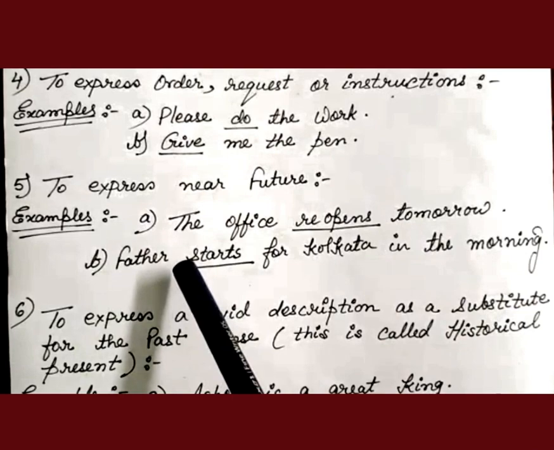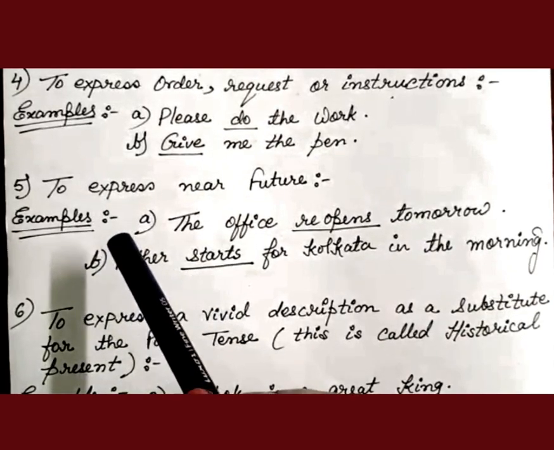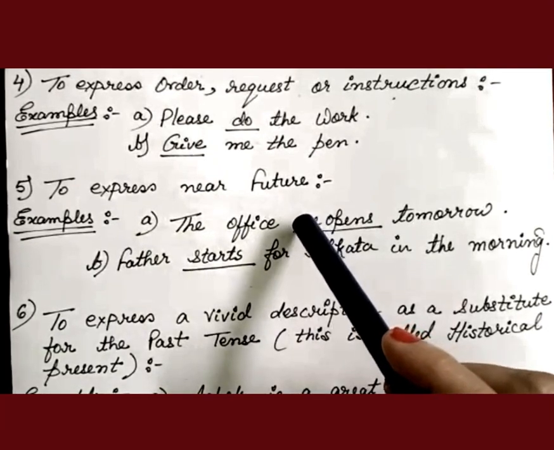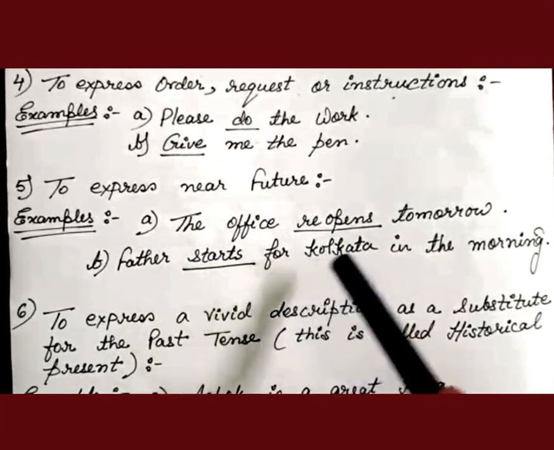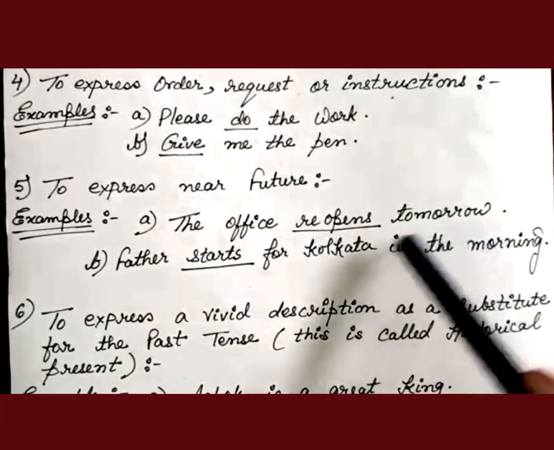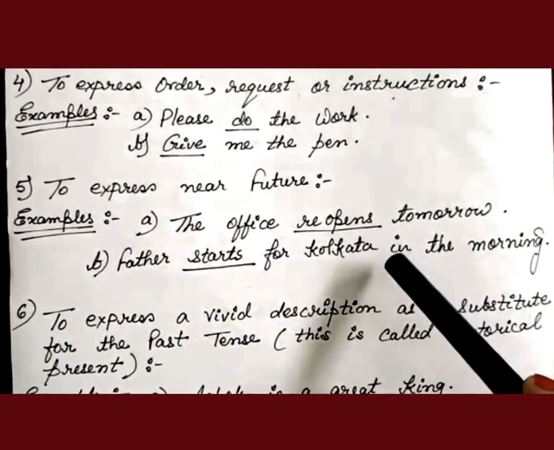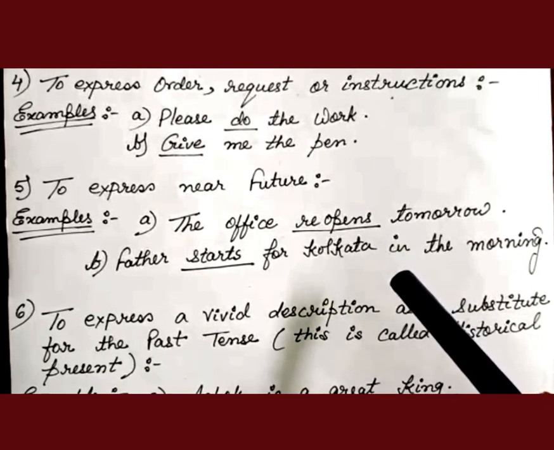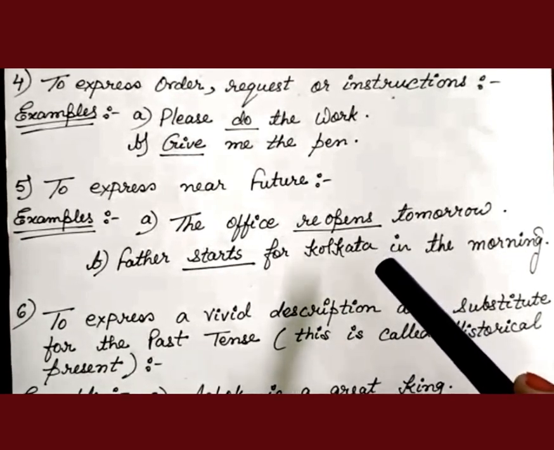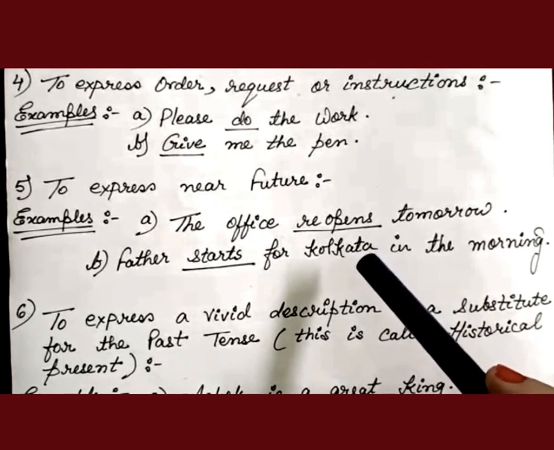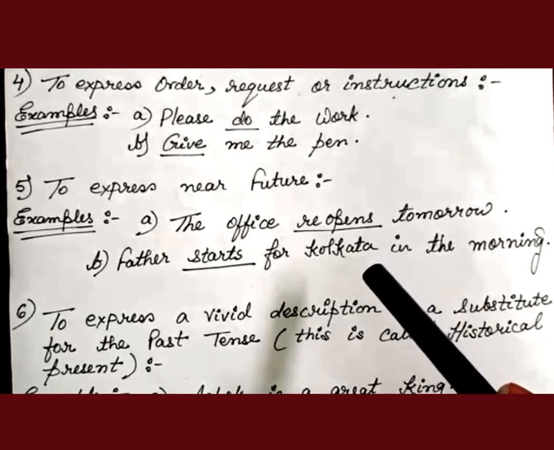Now, next, simple present tense can also be used to express near future. For example, the office reopens tomorrow, or father starts for Kolkata in the morning. So this is an action that is just going to happen, an action very near to future, and this needs to be expressed.